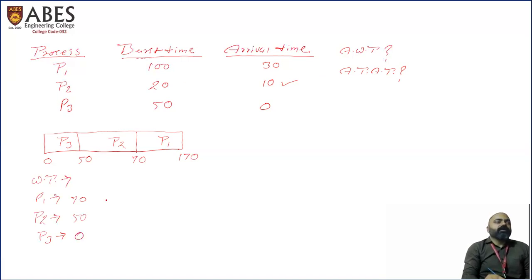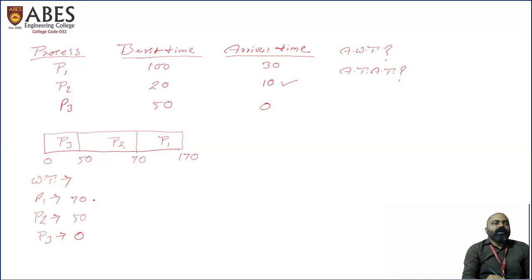But these are not the correct waiting times for the processes P1, P2, and P3, because in the Gantt chart the waiting time is calculated from the starting point, from 0. And P1, P2, P3 all did not come at time 0. So we will subtract the respective arrival time of these processes.